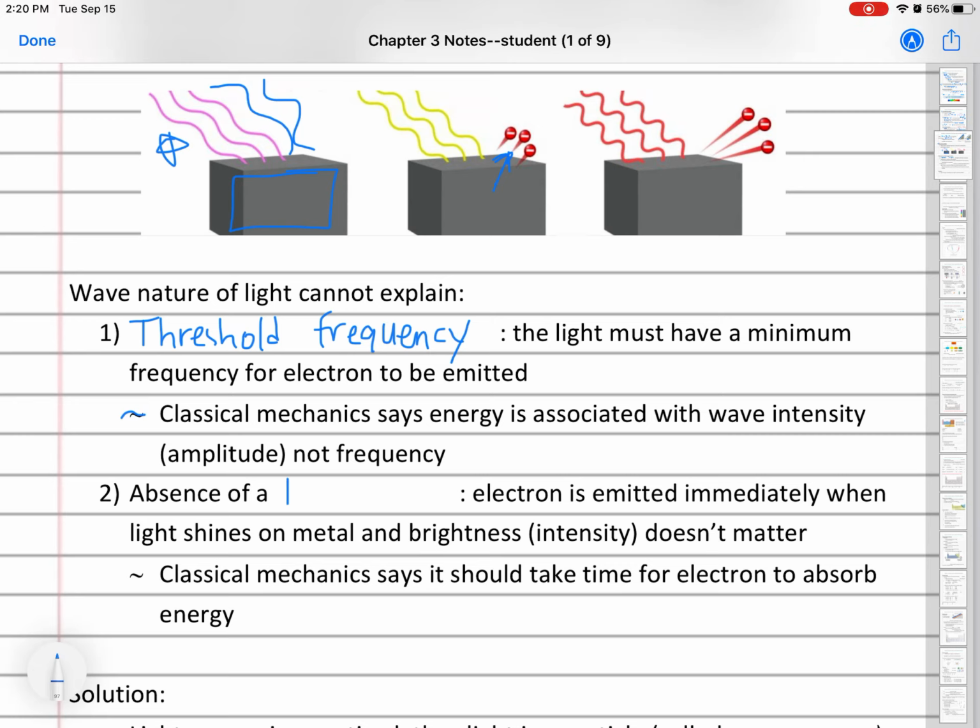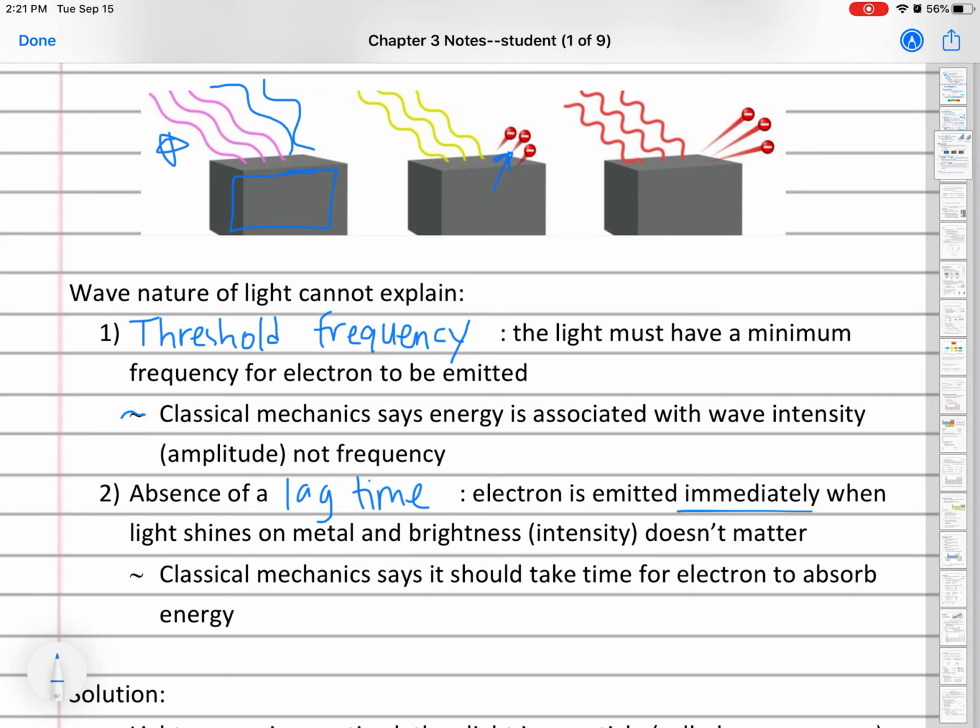The other thing is there's the absence of a lag time. Again, classical mechanics would sort of assume that the energy would be absorbed over time by the metal, and when enough energy had been absorbed, then it would start popping off electrons. But that's not what happened. What happens is if you shine a light of the appropriate frequency, you get immediate emission of electrons.